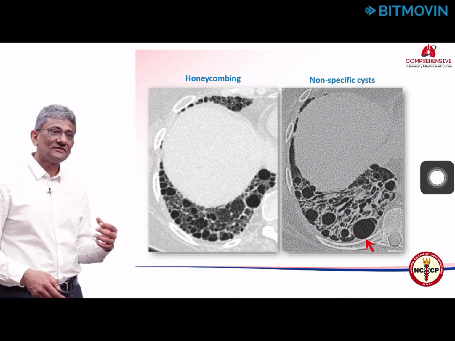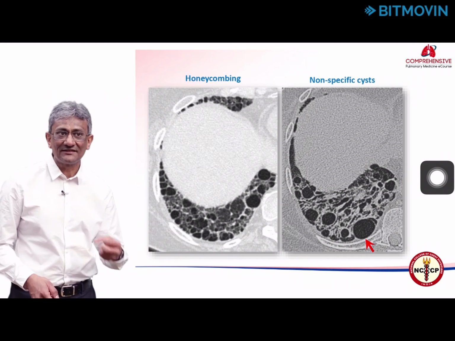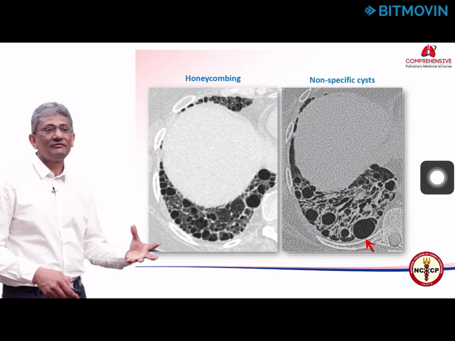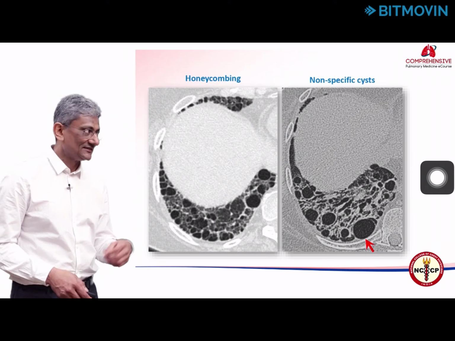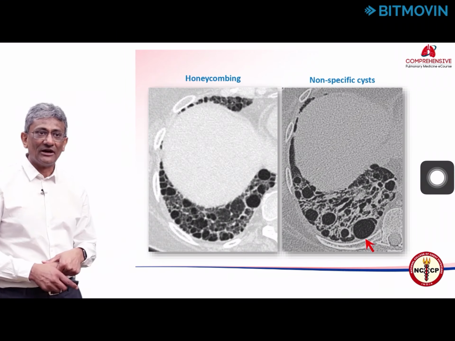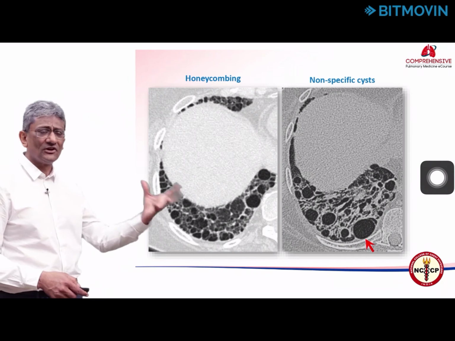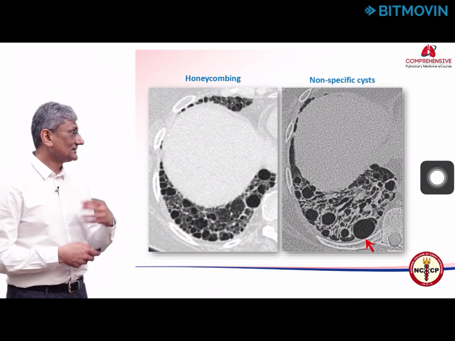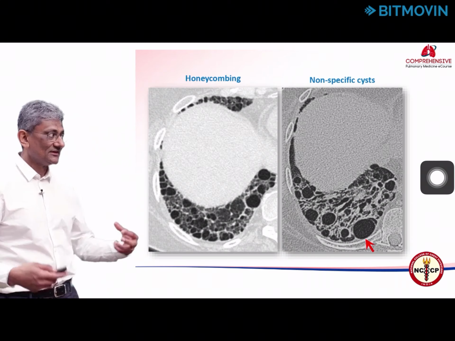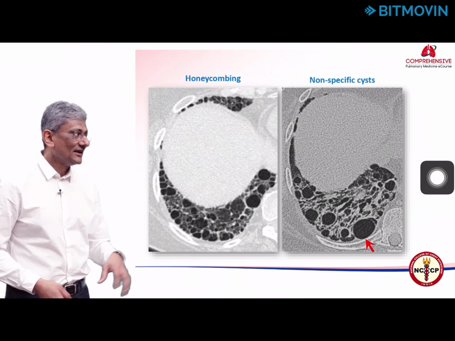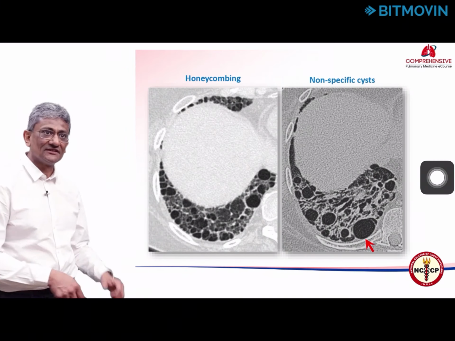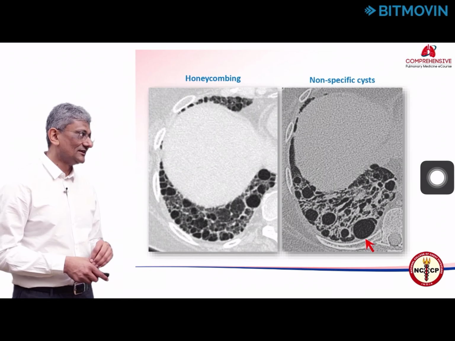And sometimes we just get cysts as a manifestation of a fibrotic healing process, in this case following a bout of organizing pneumonia. And these cysts will not have shared walls, they are not necessarily subpleural, they are not one upon the other, and we are able to differentiate this from honeycombing as well.